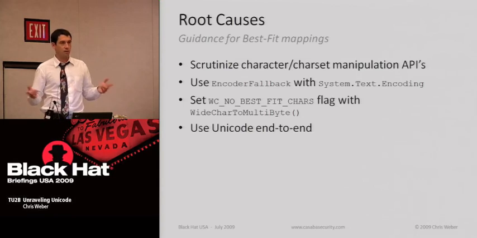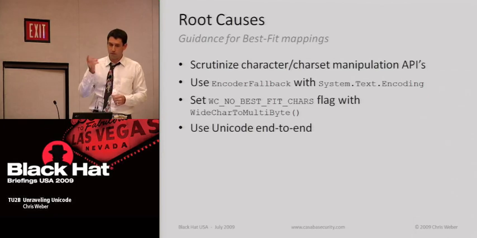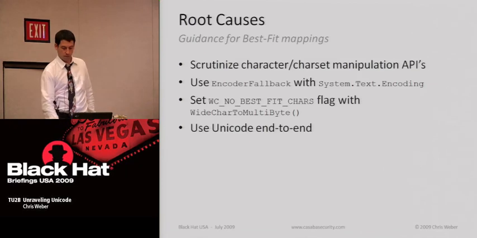Basically any major library at some point is going to perform a best fit mapping. I have a paper on the CD that goes into more depth about these things. We're in the middle of doing some studies right now and intend to provide more data about which libraries do perform best fit mappings, so we can call those out and you can be more aware.